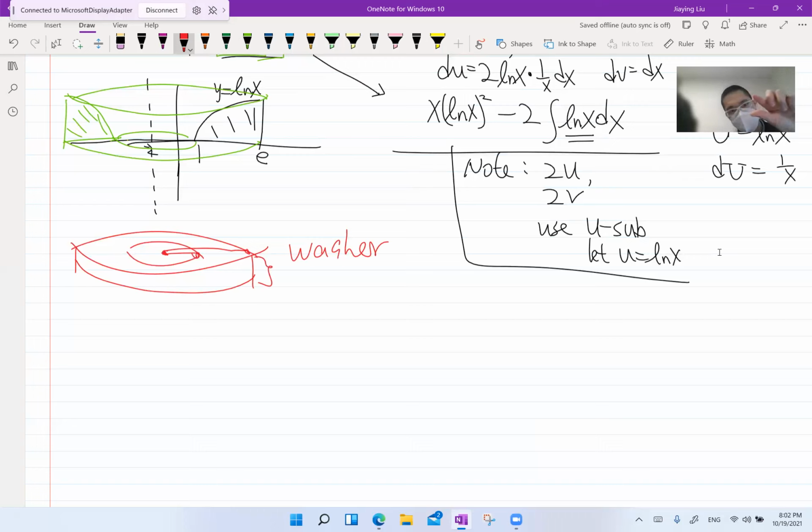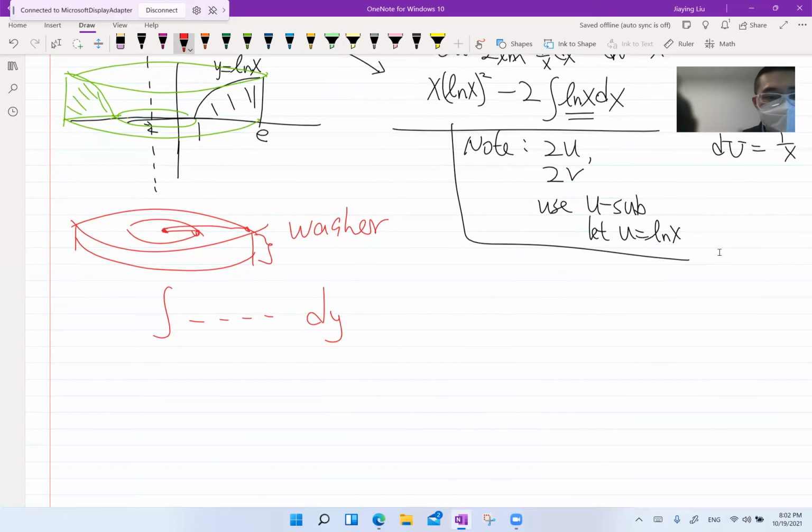The thickness is in the y direction, right? So that means you're going to have an integral of dy in there. But the problem is that at some point you might have to convert y equals natural log of x in terms of y, which is totally fine. It's not impossible. In fact, this is the approach that I think is the correct approach. So that's the beginning work, the dy.